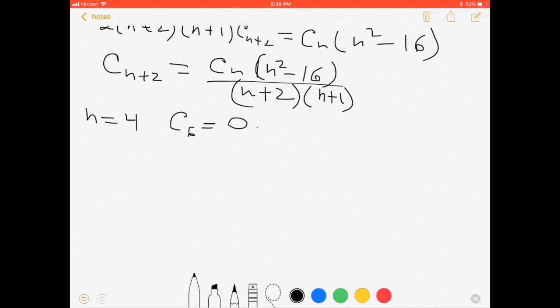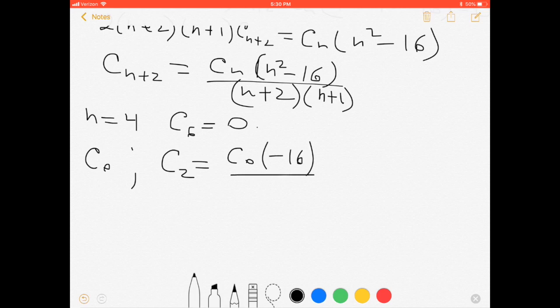This means C6 will be 0. But remember, we have C0, and then we can count C2. C2 will be C0 times, n is 0, so here we have negative 16 divided by 2.